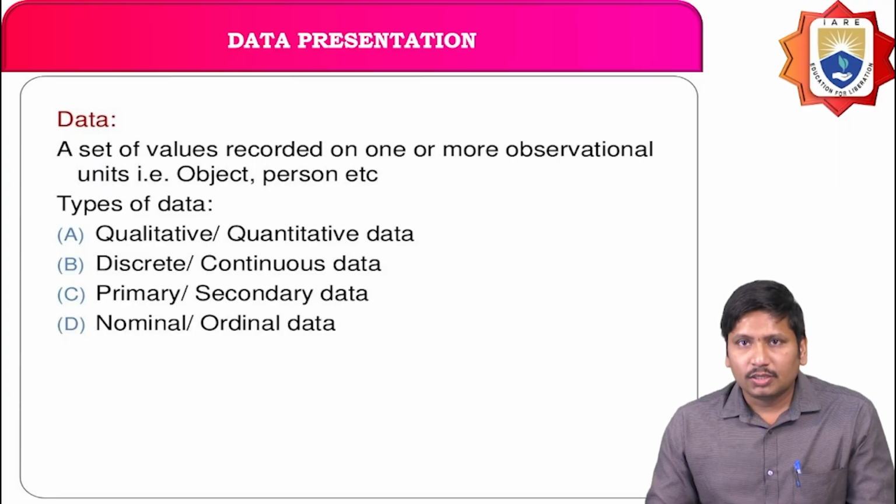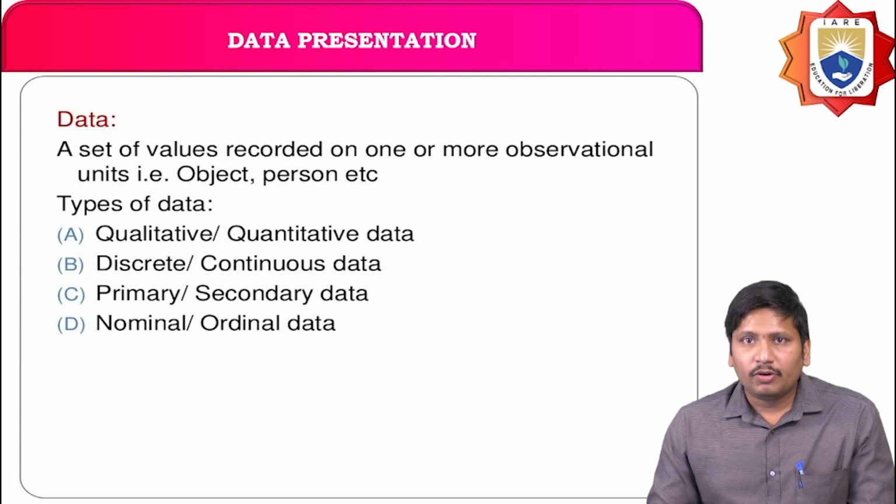So the very first one is, what is data? I already discussed it in the previous video, but let me show it again. The set of values that are recorded on one or more observational units is nothing but data. The object may be a person or anything, so anything in the real world should be considered as data here.